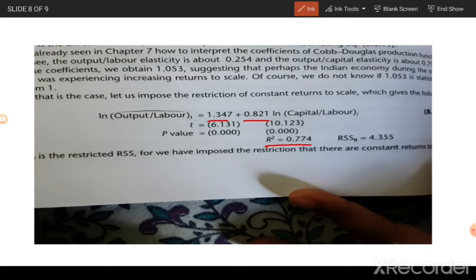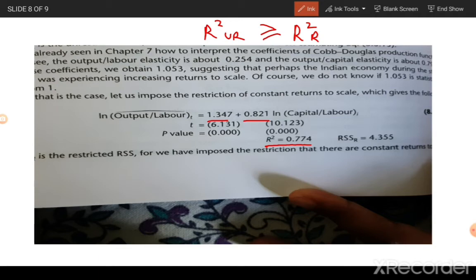Now you should never be surprised: the r square of the unrestricted model will always be greater than or equal to the r square of the restricted model. Once your restrictions are imposed, your number of parameters to be estimated will reduce.